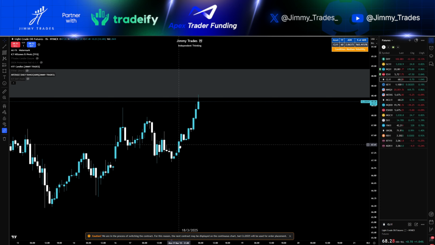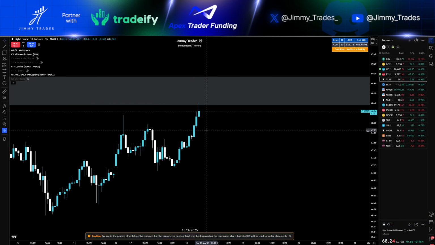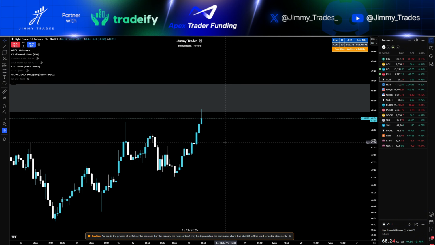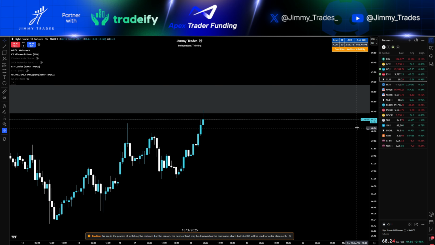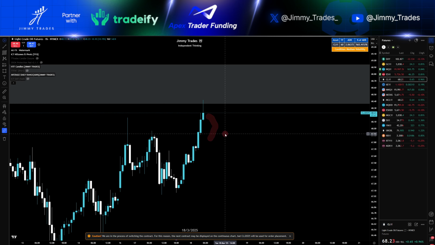Looking at this, we've had some nice expansion. This is decisive price action through here. Displacing through each candle. We'll be watching. We've got 7 minutes till this candle closes. If we close back inside the range of this candle, there is potential to see some downside.